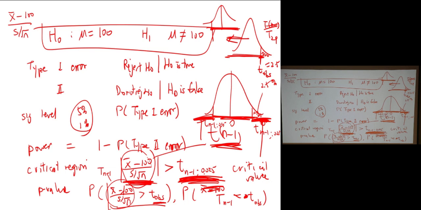Then extreme means that it's bigger than it. But the value can be on the other side of extreme. So when you get the observed t value, you have to consider the chance of greater than it and less than it.